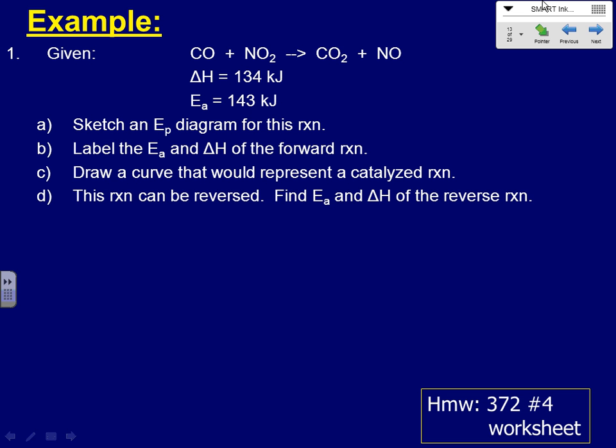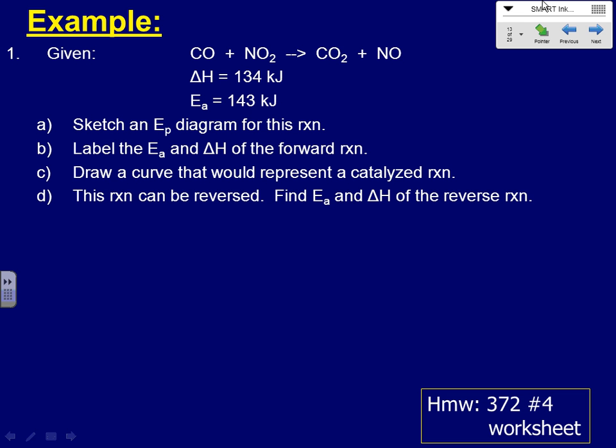So for these examples, we're essentially just putting some numbers on our little potential energy diagrams. They do not have to be to scale, all right? I don't need a scale diagram for equal distances for equal amounts of energy. But it's easiest to just draw it on the potential energy diagram and then see the relationship.